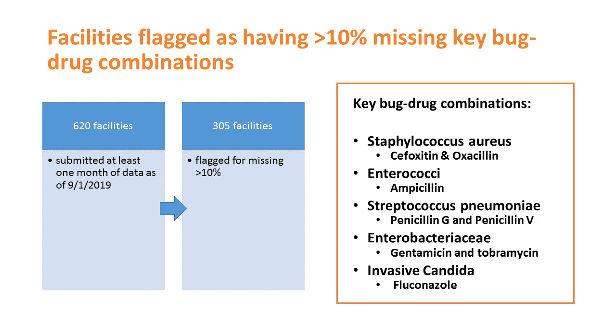Among the over 600 facilities that had reported at least 1 month of data to the AR option, 305 were flagged.